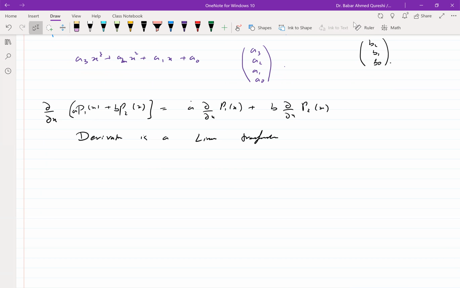So what would be the matrix of this differentiation? Because it's a linear transformation, I should be able to construct a matrix. Again, we take the rule on the standard basis.